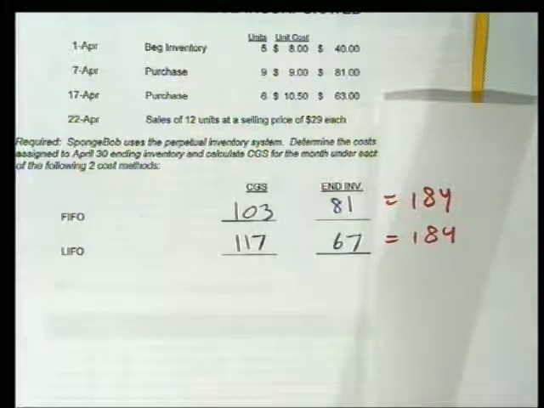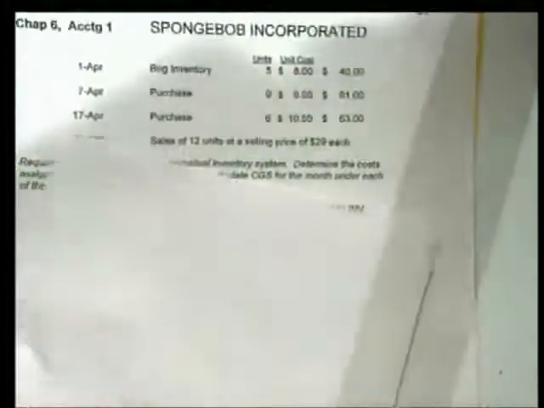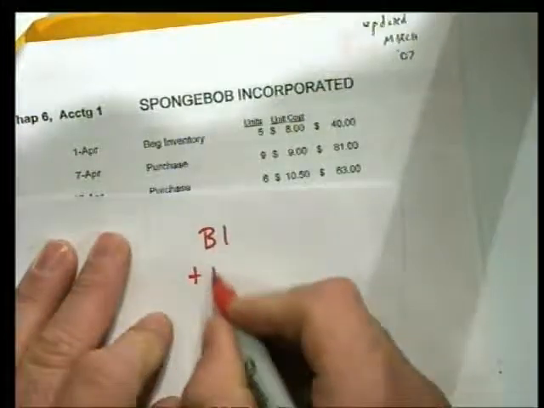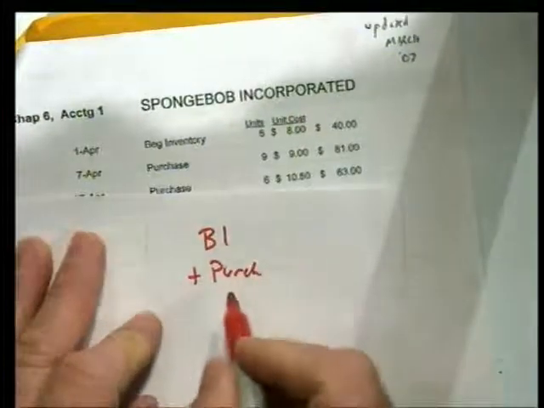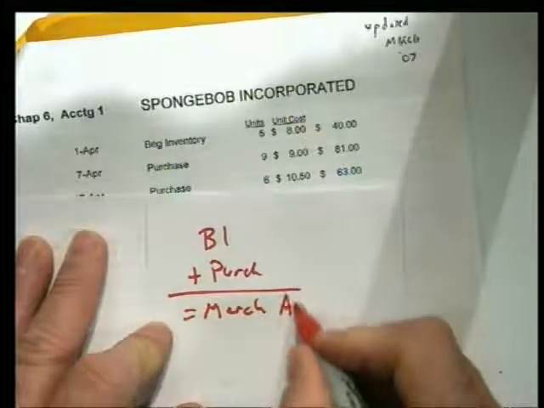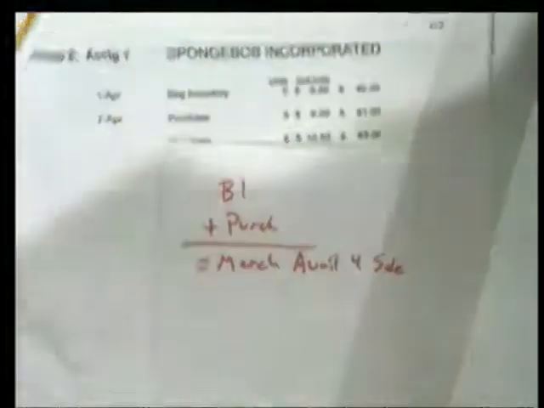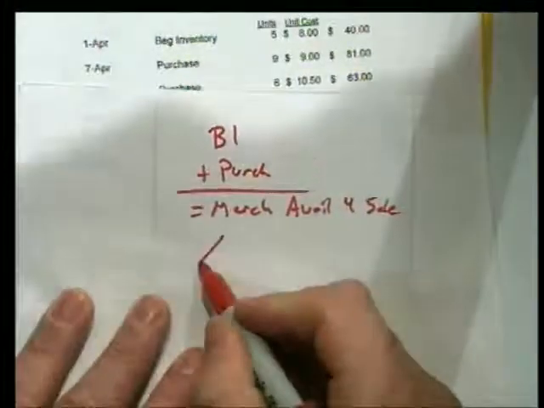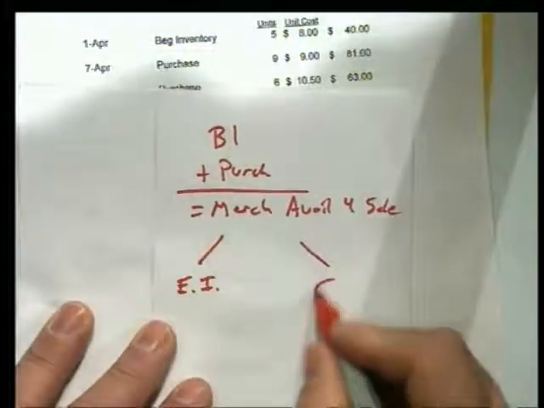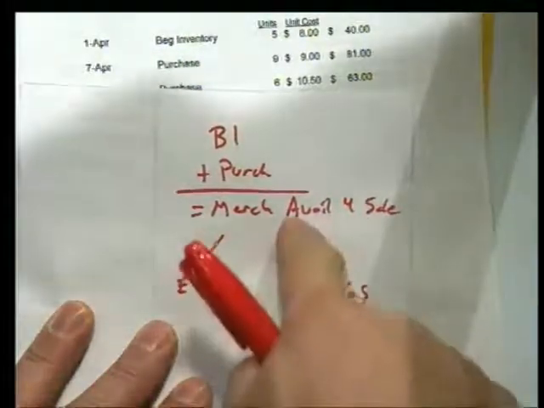The reason that happens, if you care, goes back to that original equation that we learned that said beginning inventory plus purchases equals merchandise available for sale. Well, it either becomes ending inventory or it becomes cost of goods sold. But either way you divide those up, they're going to add up to the same number.